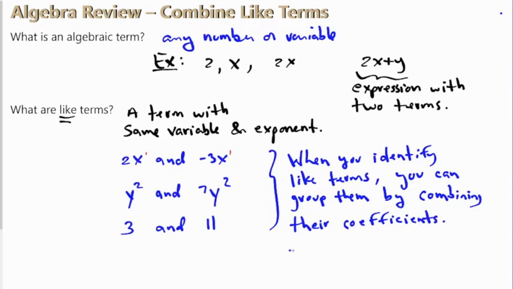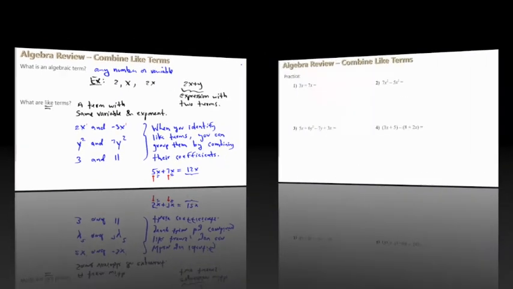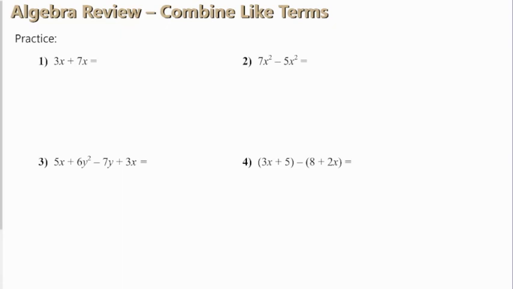So for example, if I had 5x plus 7x, this is equal to 12x. Because they are like terms, I can combine their coefficients of 5 and 7. So here's some practice. You can pause the video here, answer these 4 problems on your own, and then unpause to see how you did.